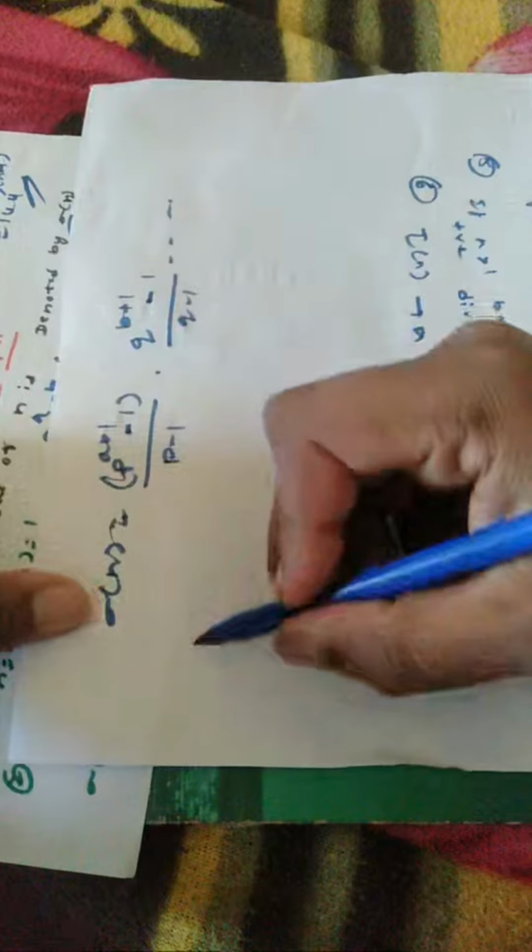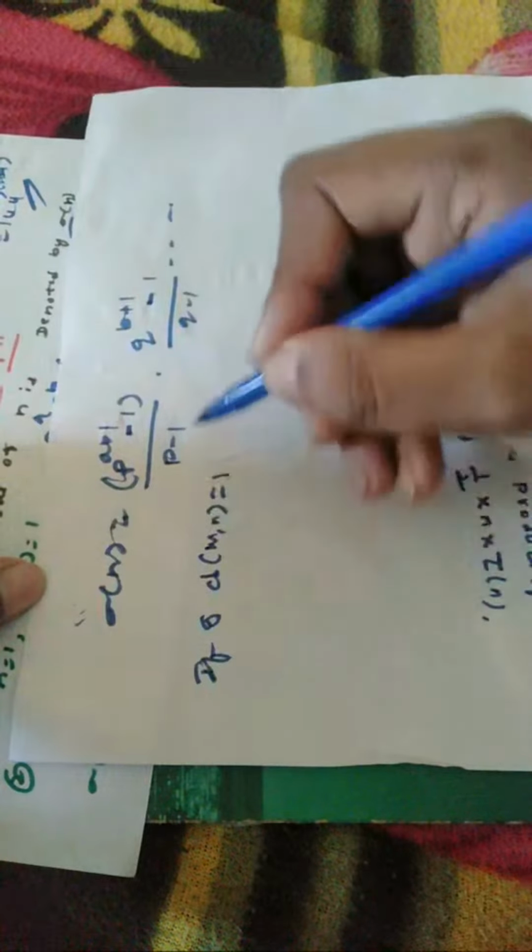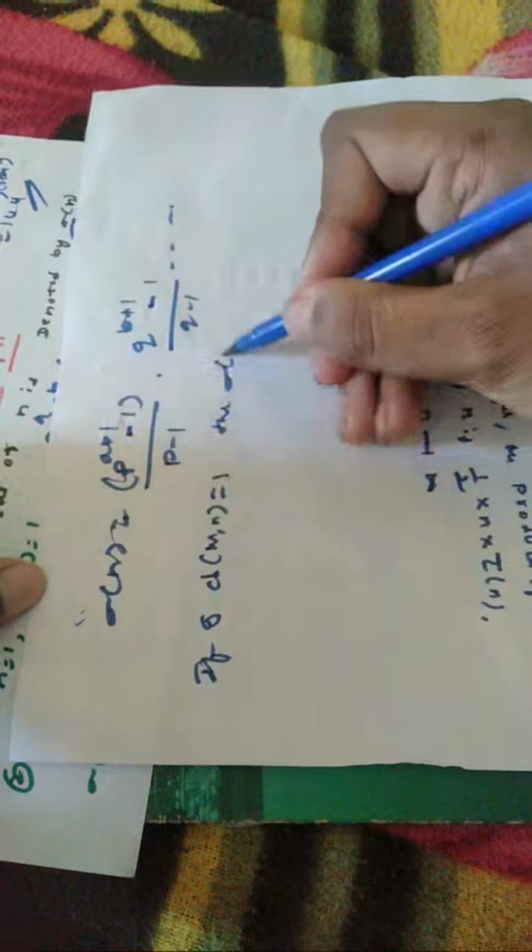And one more property is, if gcd of m comma n is equal to 1, then sigma of mn is equal to sigma of m into sigma of n.